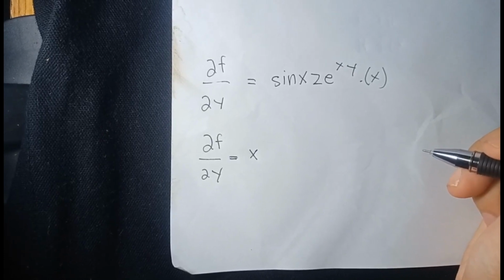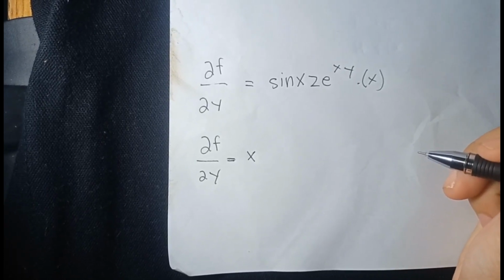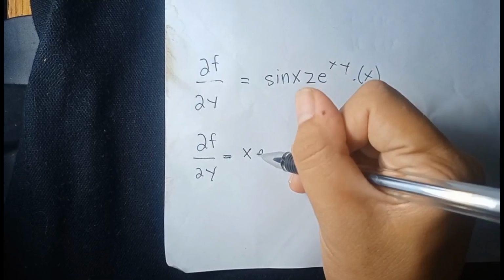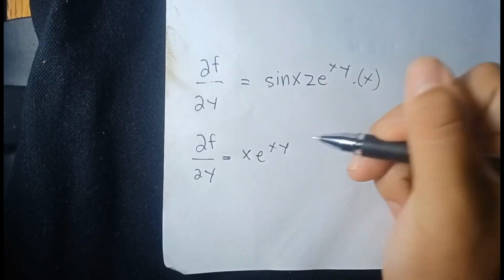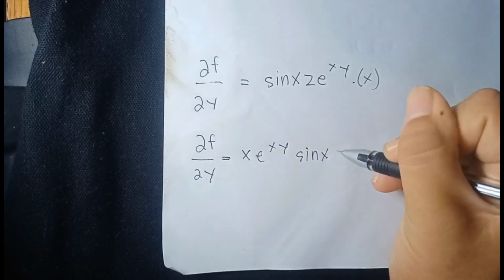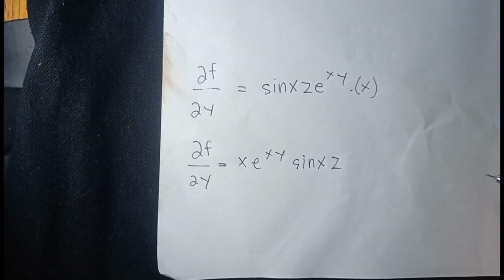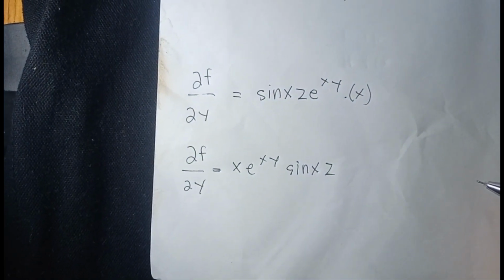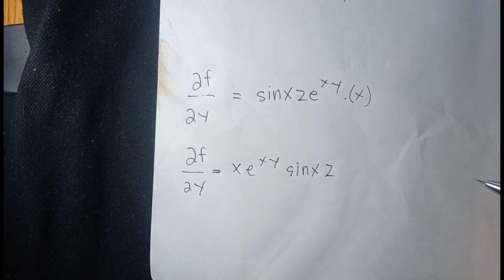So it's like an x. Therefore we have x e raised to xy times sine xz. So therefore this is our partial derivative of f with respect to y.